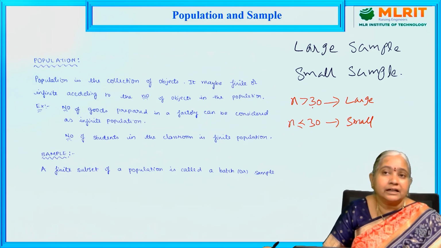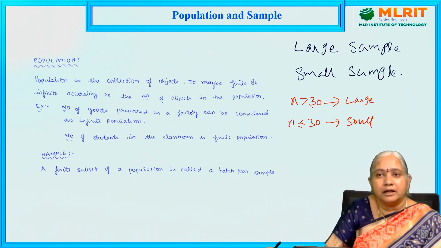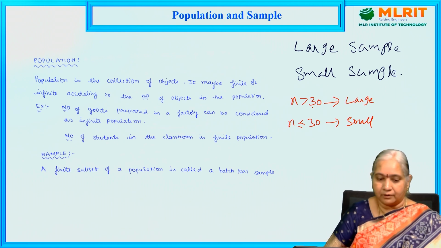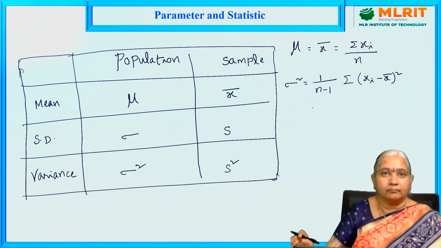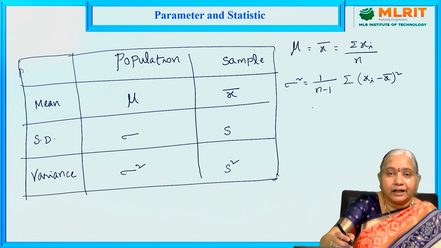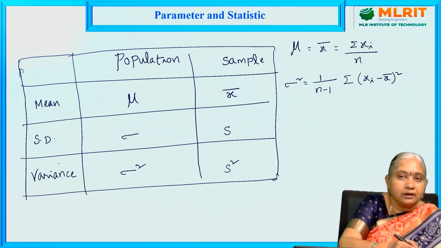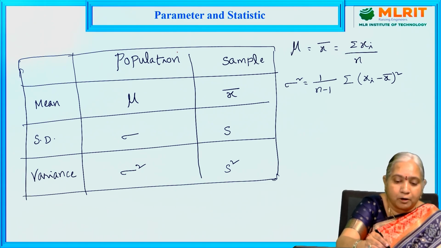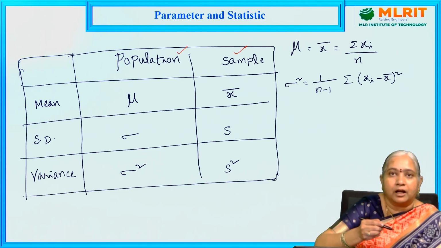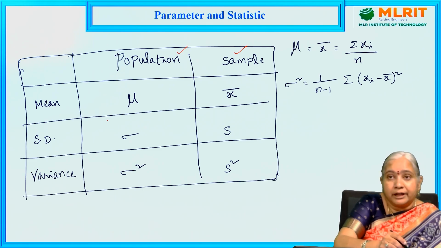In testing of hypothesis, sampling theory plays a very important role. Based on the sampling theory only, we give the conclusion about the acceptance or rejection of the hypothesis. So, we calculate the statistical measures: mean, standard deviation and variance. These we calculate in the population as well as in the sample, but the notations are different.